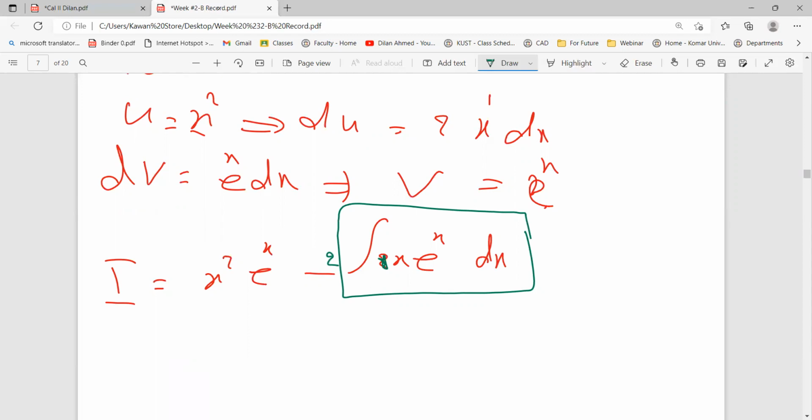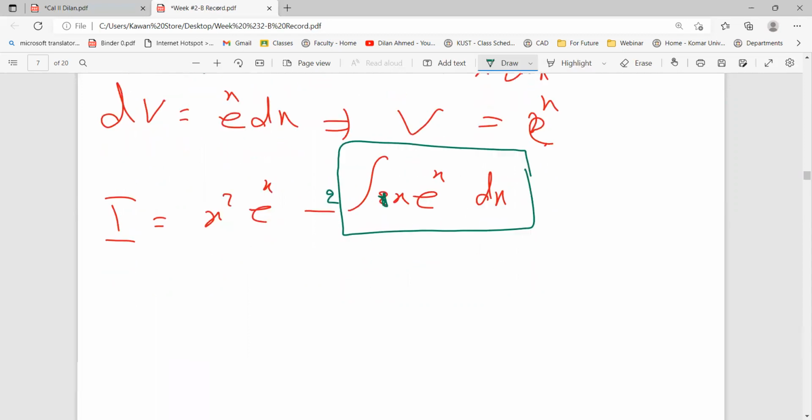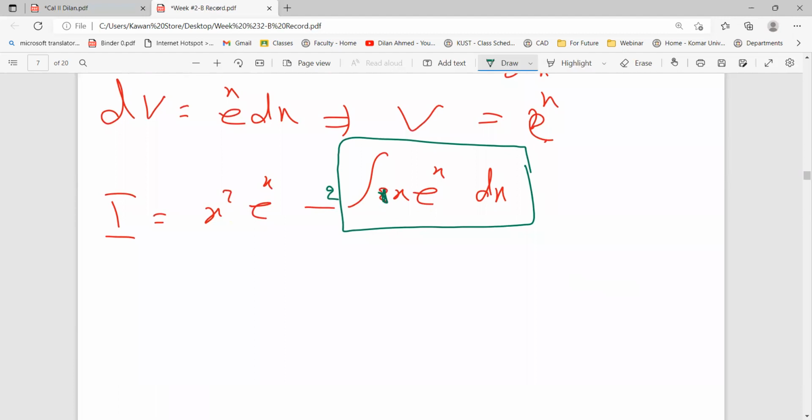Exactly, we have x e to the x, while in the previous one we had x squared. So how do we solve x e to the x? You mean another u dv, right?